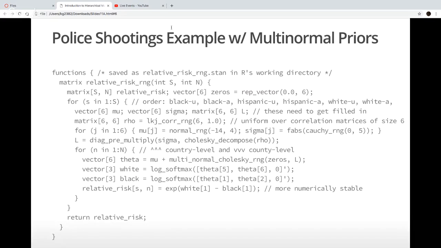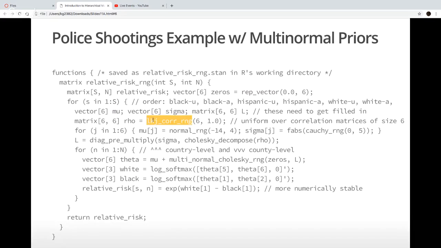So I loop from 1 to the number of simulations, allocating but not yet filling vectors for mu and sigma, and this L, which turns out to be a Cholesky factor, which we'll talk about in a second. Then we draw a 6 by 6 correlation matrix, which is supposed to capture the correlation among the 6 intercepts, corresponding to the different races and different arms.